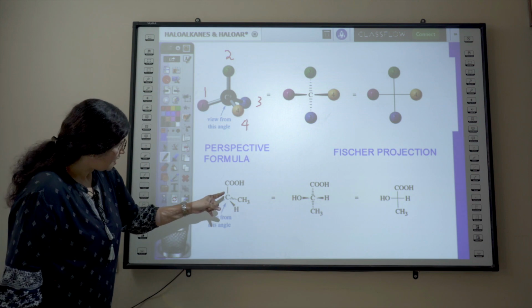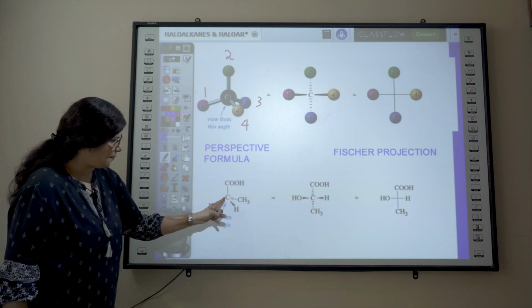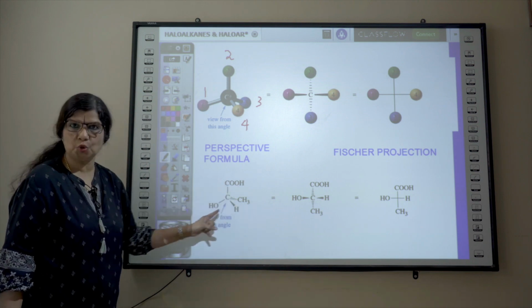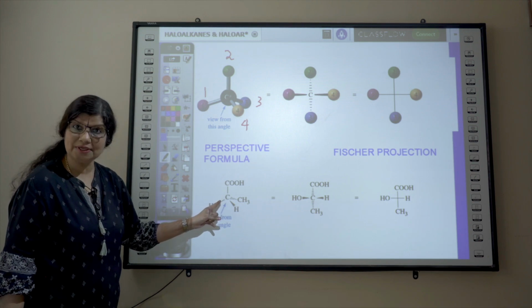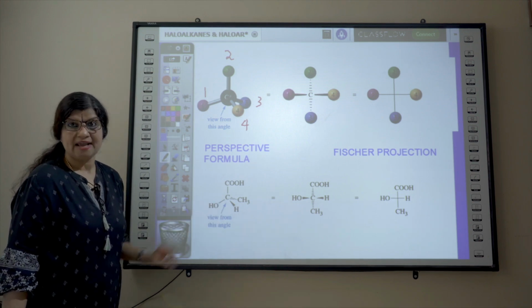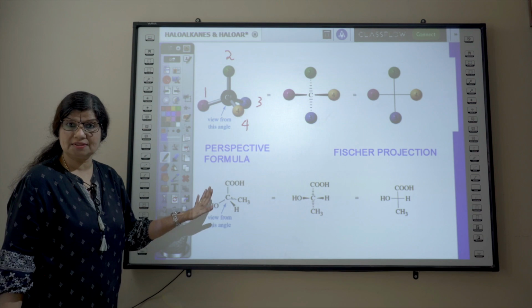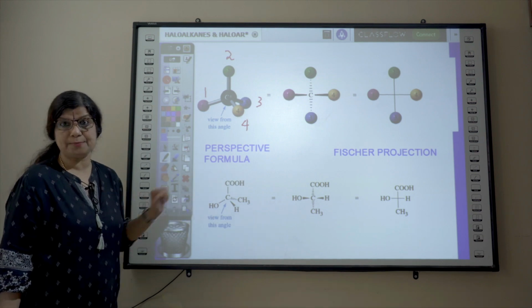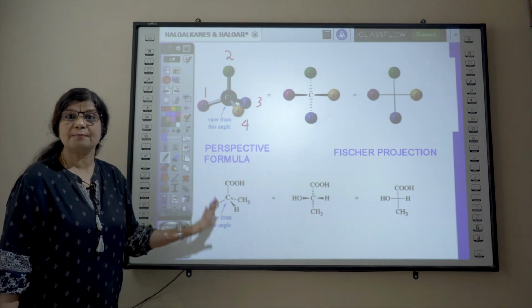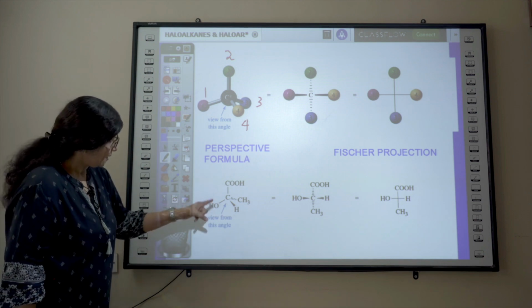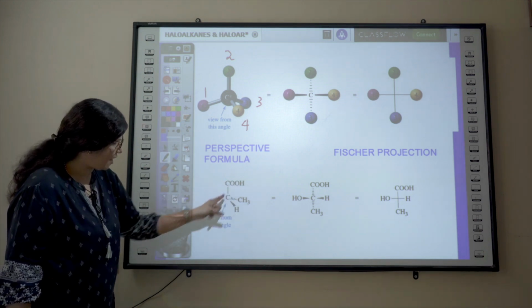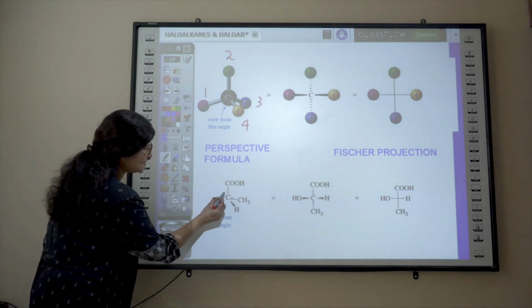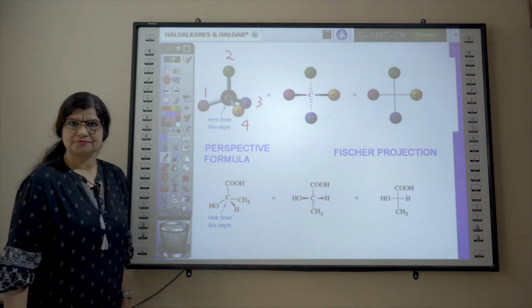Now we have COOH. This carbon atom is bonded to 4 different groups. This is your chiral carbon or asymmetric carbon. Hence this can exhibit optical isomerism, can produce non-superimposable mirror images, right? Now you notice that COOH and OH are represented by solid lines. Fine.